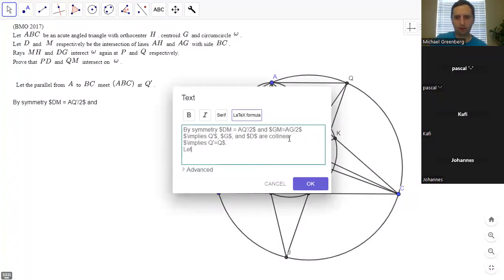And then let PD and QM intersect at J. And then we can just do an angle chase.